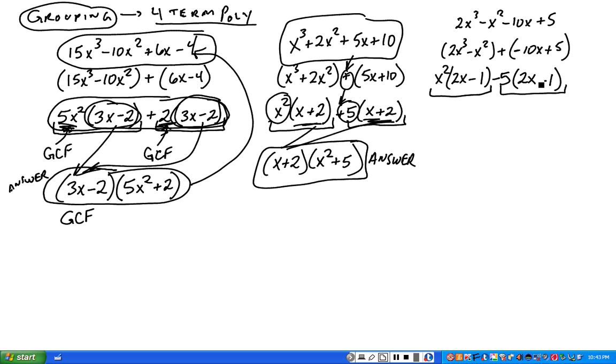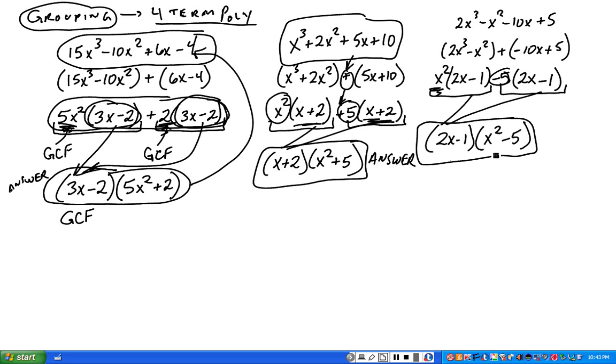Okay, so they both have 2x minus 1 in common, so I pull that out, and what's left is the x squared. So I write my parentheses, and what's left is x squared and the minus 5. Okay, so that's my answer. And if you multiply these two binomials, you should get that 4-term polynomial right there.